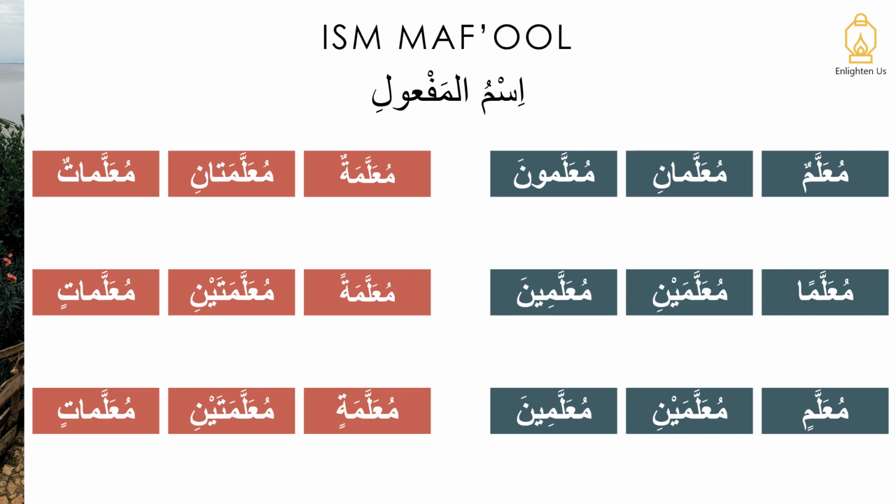So if you recall, we also looked at the ism maf'ul. Let's expand on the ism maf'ul. So let's start off with mu'allamun, mu'allaman, mu'allamin, mu'allamani, mu'allamaini, mu'allamuna, mu'allamina, mu'allamatun, mu'allamatan, mu'allamatin, mu'allamatani, mu'allamataini, mu'allamatun, mu'allamatin.